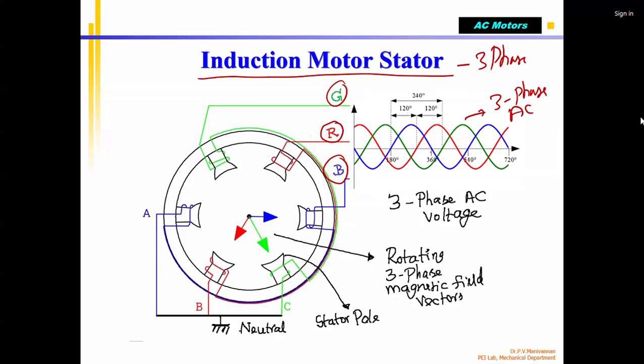So the voltage also is separated in phase: red phase, green phase, blue phase, and you can see that there are six stator poles. Correct. This is red, red dash, this is blue, opposite pole blue dash. Then I say green dash.